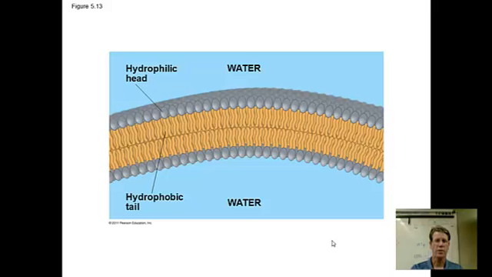And so these phospholipid bilayers, again, we'll spend more time on this later, are created in such a way where we can bring water to the membrane in case we need it, but we don't have it just running like crazy in and out of the cell. Same thing on the other side. Inside the cell, we can bring water to the membrane if need be, and then again, we can't have it just running wherever it wants to go. So we need controls built in here, and that's where the proteins come in, and we'll be talking about those in a little bit.